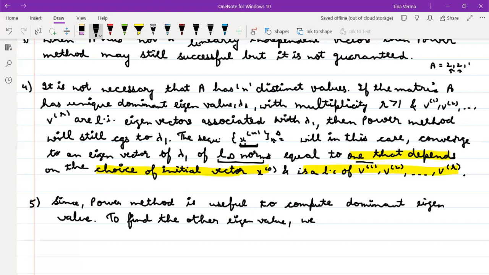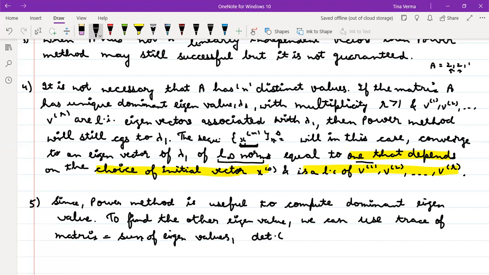We can use the trace of a matrix. The trace of a matrix, I have told you, will be equal to the sum of eigenvalues. And the determinant of A will be equal to the product of eigenvalues. So you can also use these properties to find the other eigenvalues also.